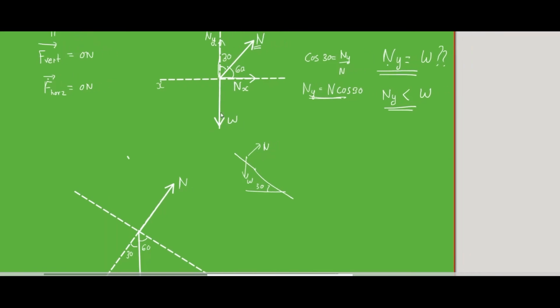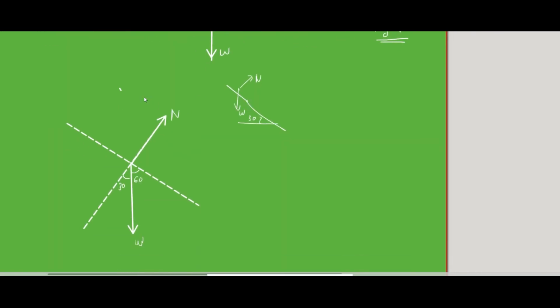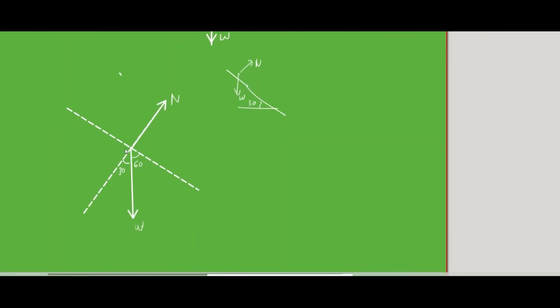Now we can resolve weight. Remember, before we were resolving your normal reaction, now we can resolve weight over here. So your weight can be resolved into Wy, assuming this is your y-axis, and Wx, which is along your x-axis.